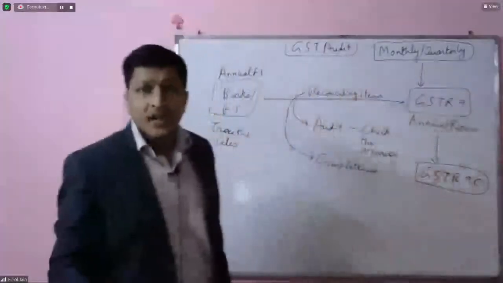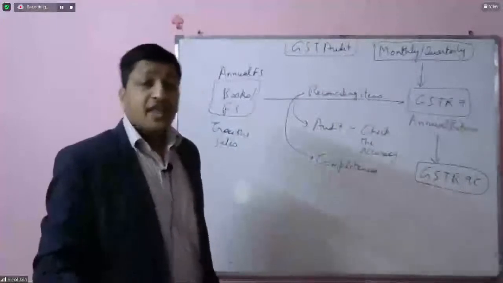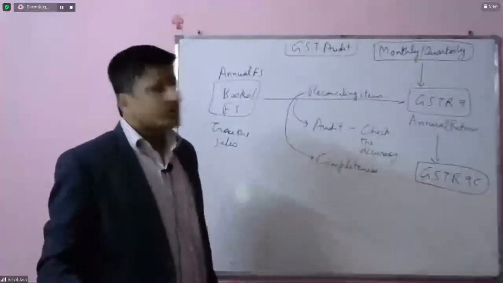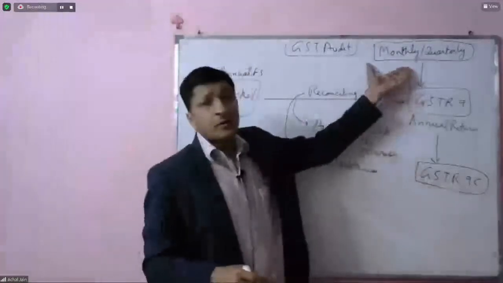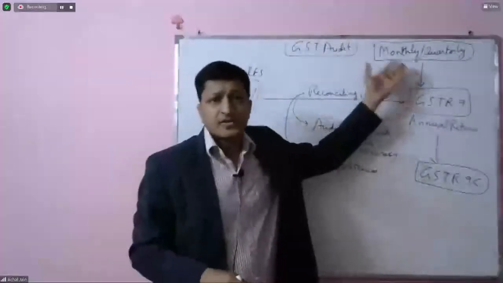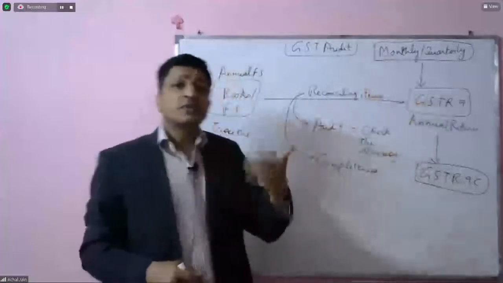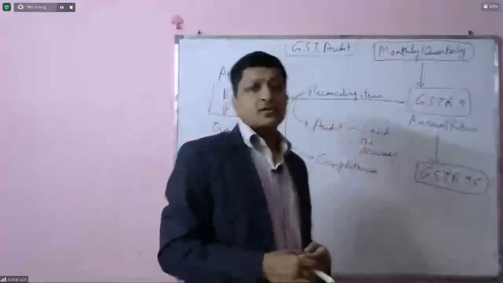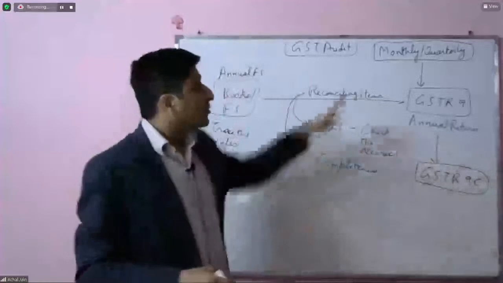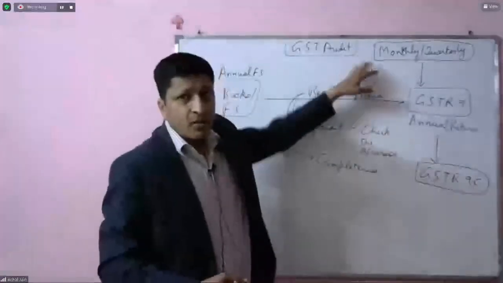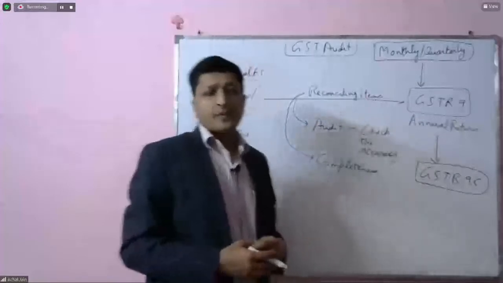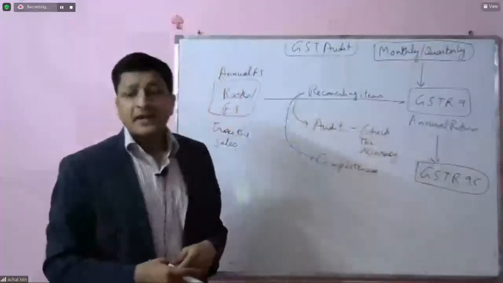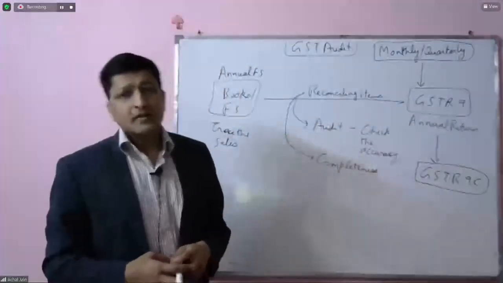Yes or no? Yeah. So as a next step, what should the auditor check? That when all of these items have been reported on a monthly or quarterly basis, were those also in compliance with the GST laws or not? Because if those were not in compliance, there could be certain interest provisions which may have to be made. There could be certain penalties which may not have been provided or paid.